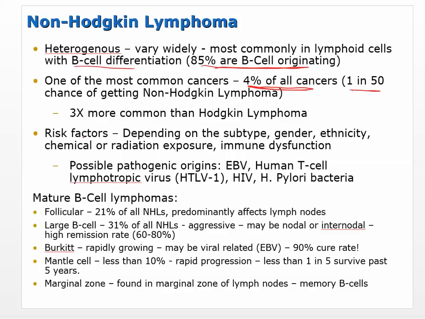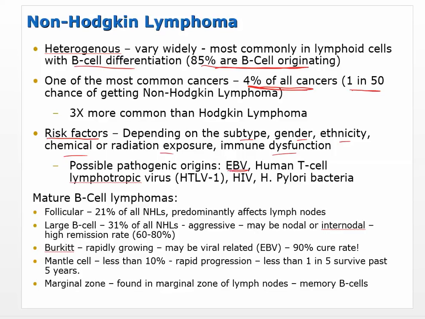Okay, so risk factors, a lot of it's we don't know, but the risk factors depend on the subtype, the gender, the ethnicity, chemical or radiation exposure, immune dysfunction. So a lot of things may contribute, and it really depends on the specific subcategory or subtype of the non-Hodgkin lymphoma.